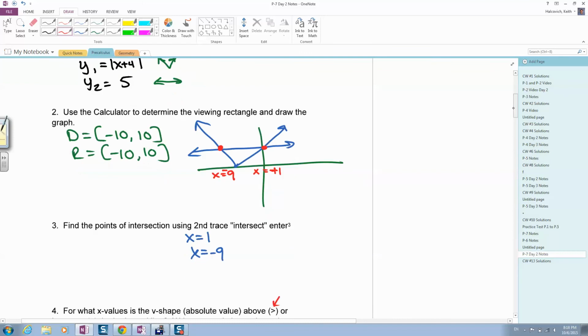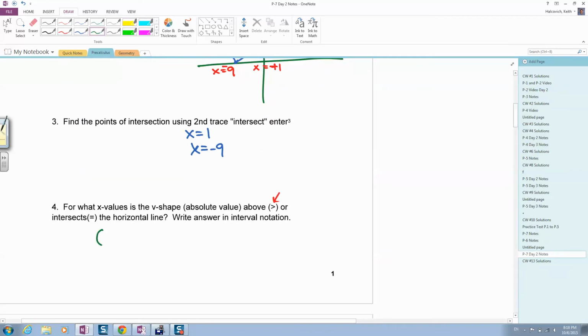So above would be right here and right there. So it's going to be when it's less than or equal to negative 9, and when it's greater than or equal to 1.